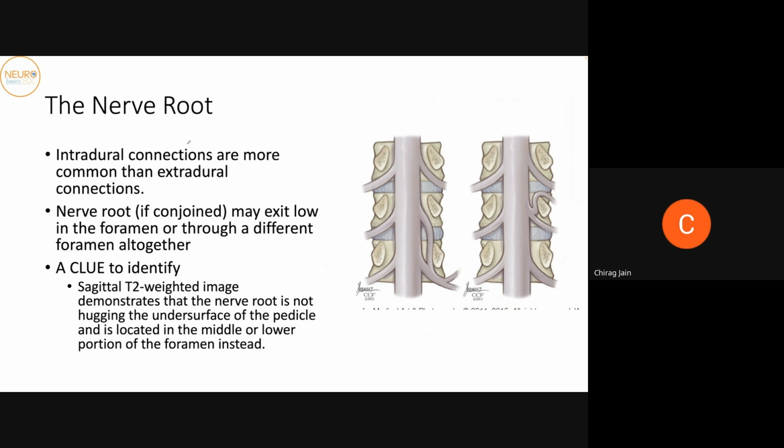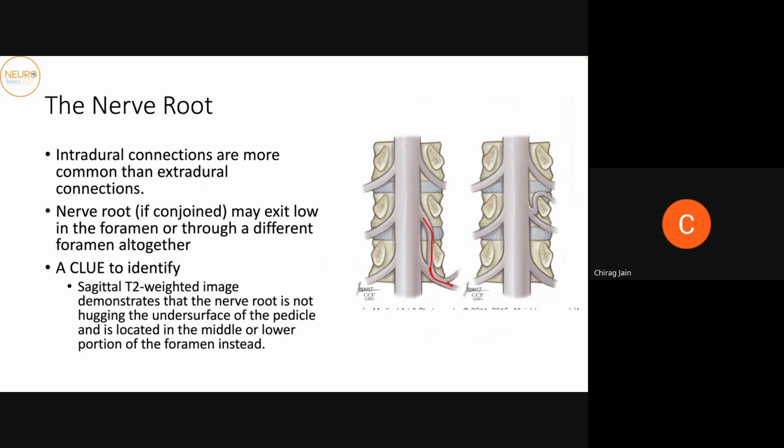Another thing which can cause significant confusion with nerve roots is something known as conjoined nerve roots. These conjoined nerve roots can happen intradurally, extradurally or extraforaminally. Intradural connections are a lot more common than extradural connections. In conjoined nerve roots, the nerve roots join together and then exit from the same foramen.